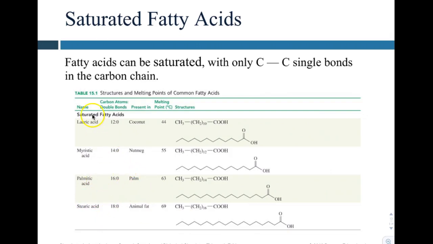And then this ratio here is important because it tells you how many carbon atoms you have and how many double bonds you have. And so we consider this like a factor of saturation. So if you have 12 carbon atoms and 1 double bond, then you know that you're a little unsaturated.